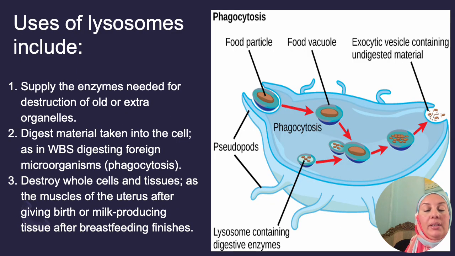We have an example here. This is a white blood cell, a phagocyte that performs phagocytosis. You must have learned about that in your O-level biology. And here is a substance. It could be a food particle, or it could be a bacterial cell or a virus that has been engulfed and taken into that white blood cell.